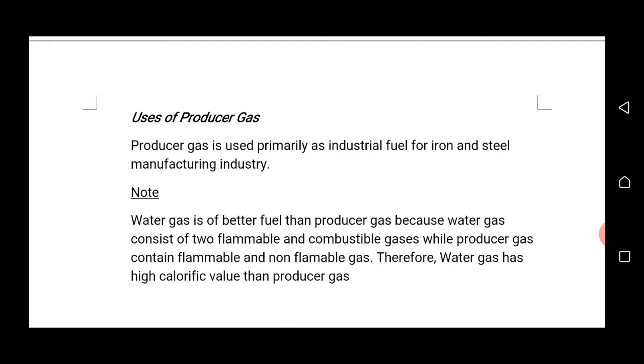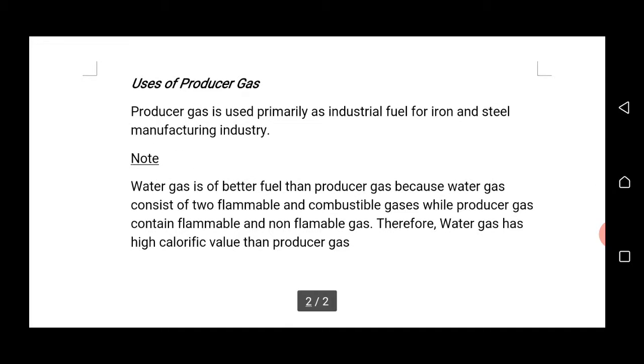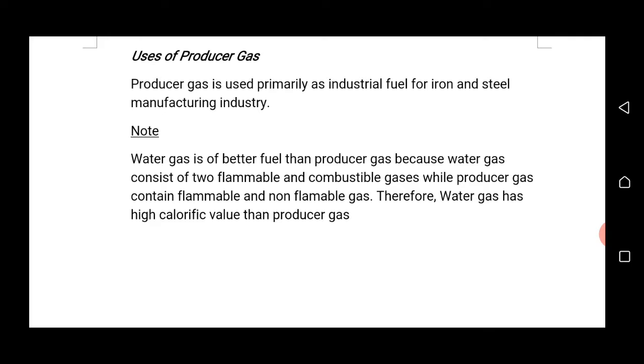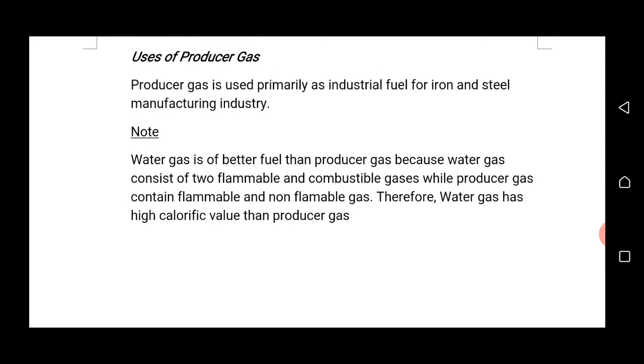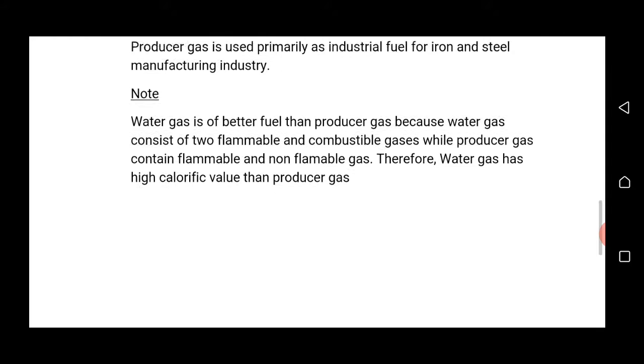What are the uses of producer gas? Producer gas is used primarily as industrial fuel for the iron and steel manufacturing industry.